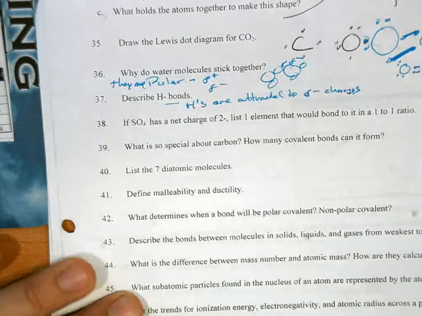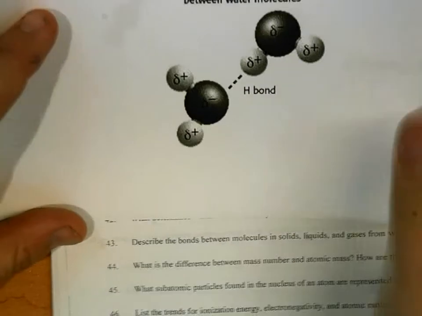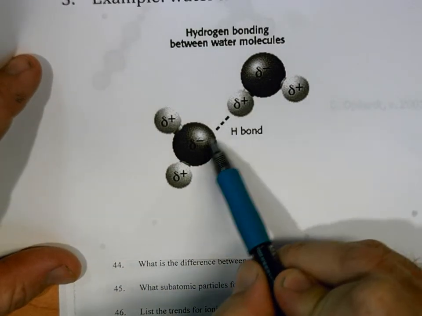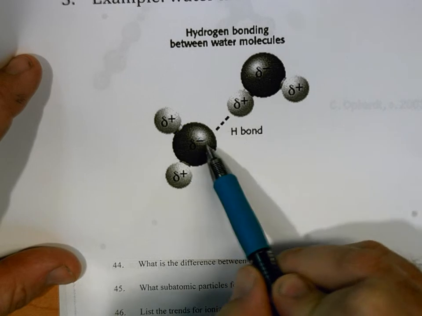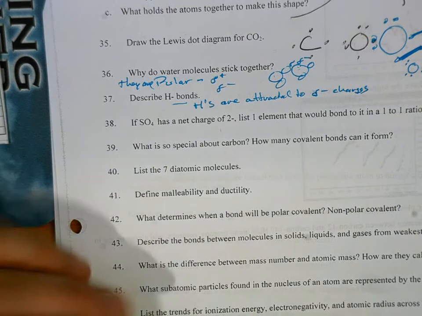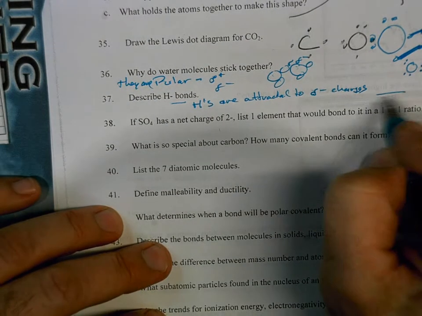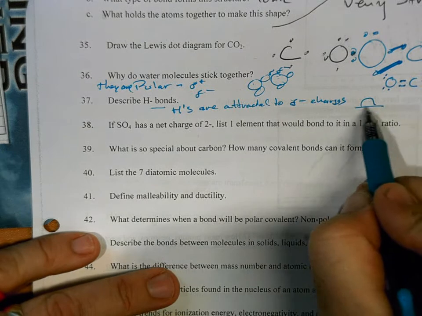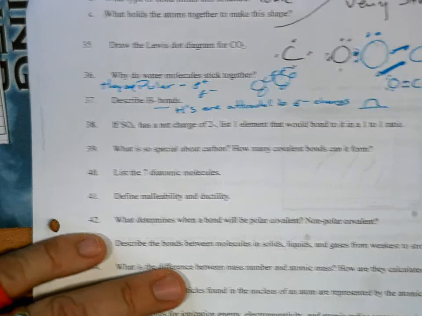And again, the best example is what I showed here: you've got the partial positive of this hydrogen attracted to this partial negative. It's a fairly weak bond, but it's enough to hold the DNA helix together, and it keeps water, when you put a drop of it on the table, looking kind of like this. It beads up because the molecules are attracted and make this little network.